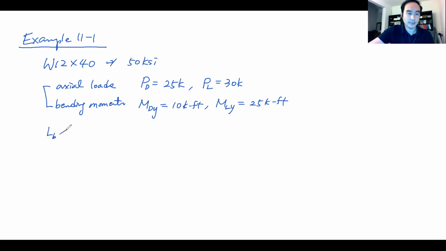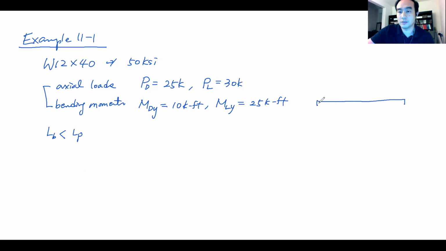And one more condition, it says LB is less than LP. So you can imagine that you can think of it as either a column member or beam subjected to both bending moment and axial load.